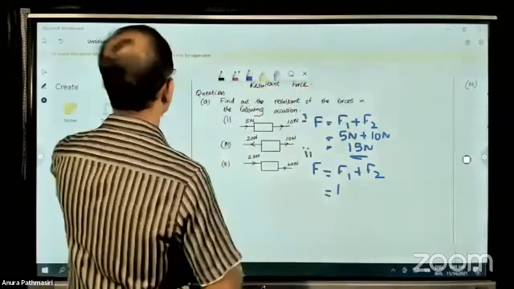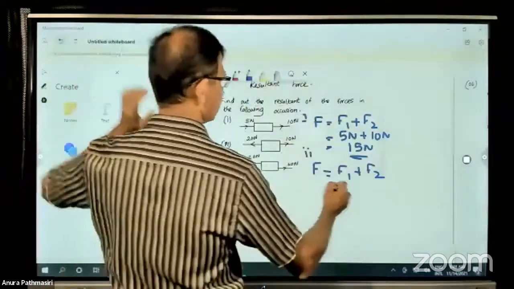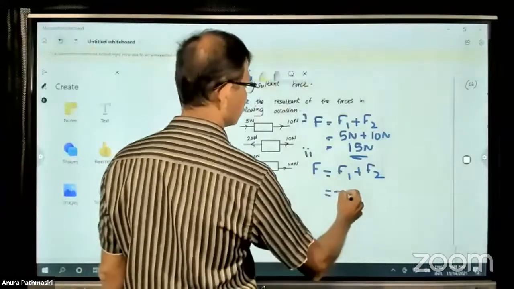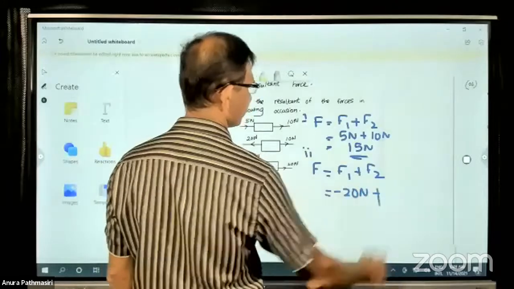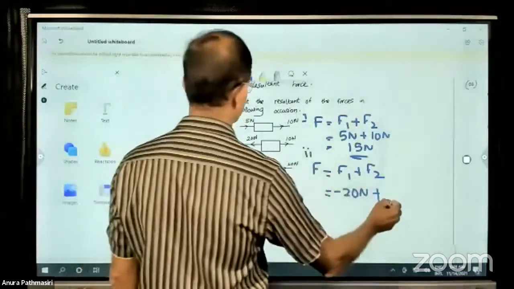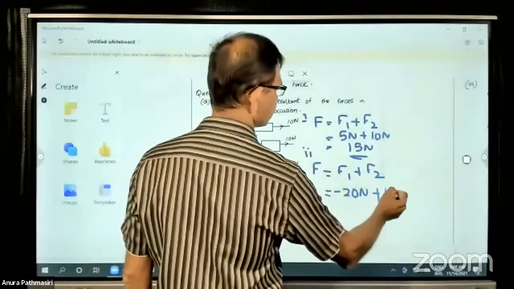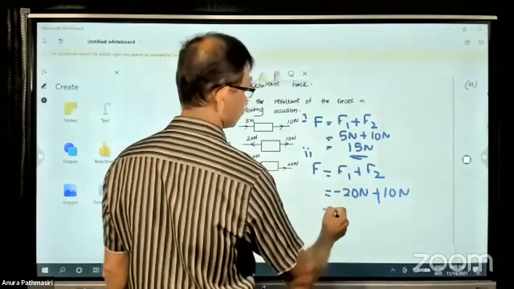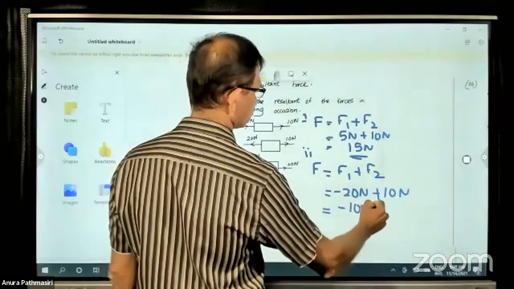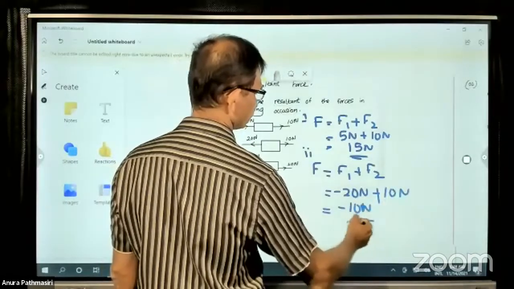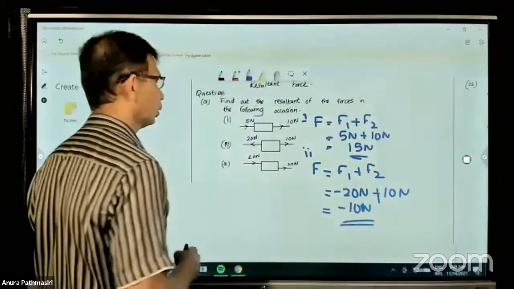One second. F1 is negative 20 Newton plus 10 Newton. The result is negative 10 Newton, that means opposite direction.